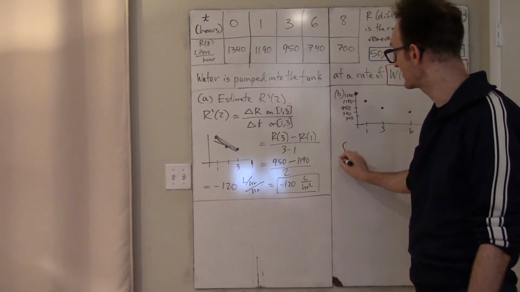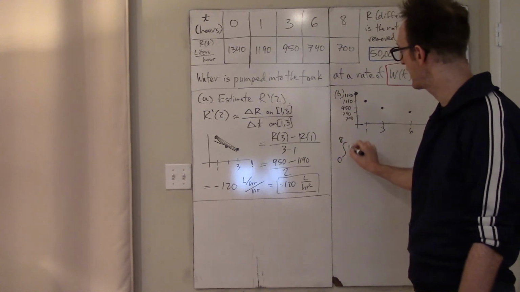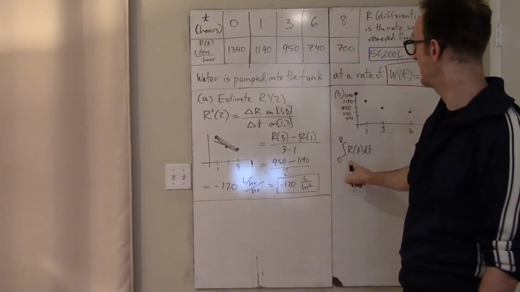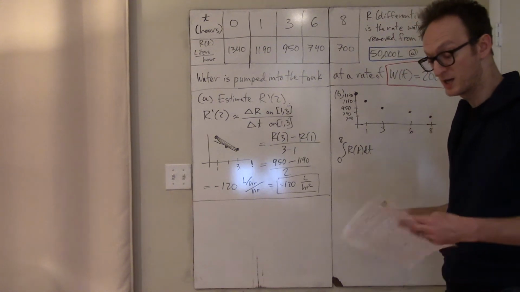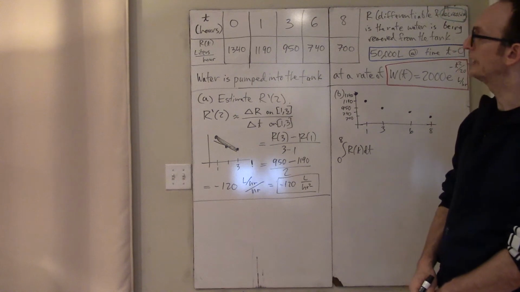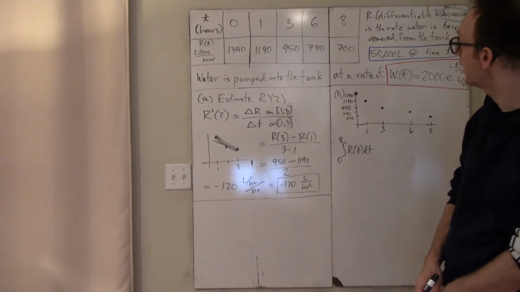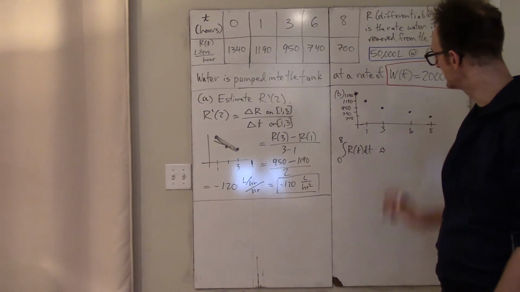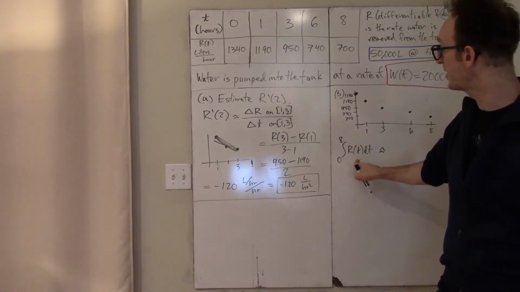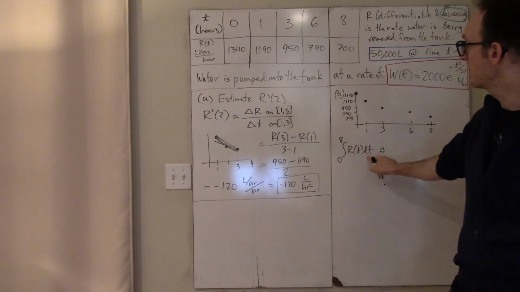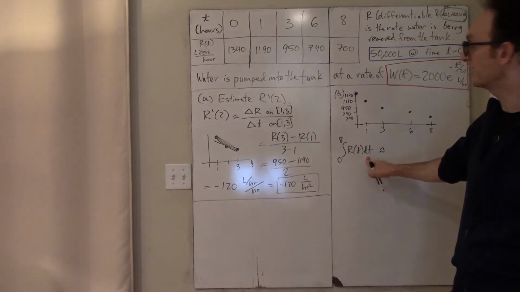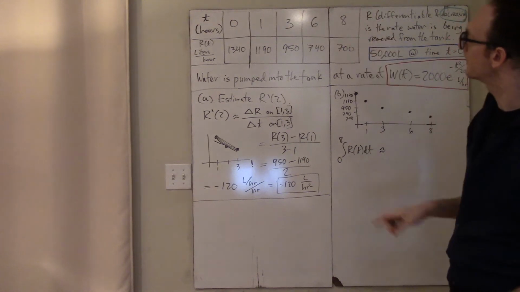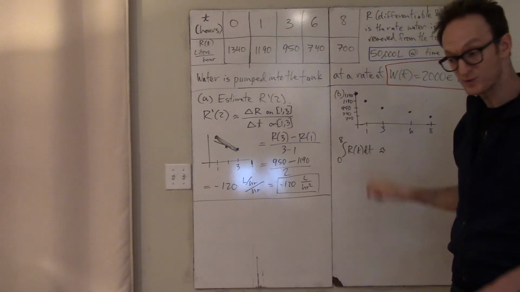In other words, if I take the integral from 0 to 8 of r of t dt, then I'm going to get the total amount of water removed. So that's just what to do. The only problem is, if I was given an explicit function for r, then I would simply integrate it, and that would be that. But here I don't have an explicit function, I only have discrete data.